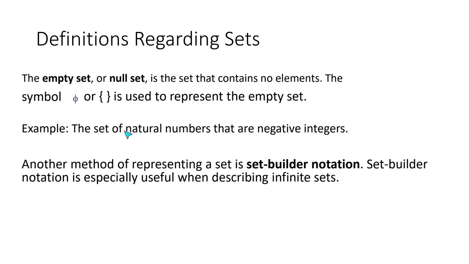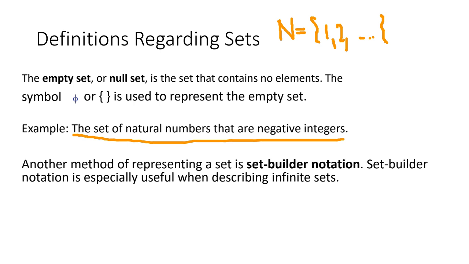For example, the set of natural numbers that are negative integers. Remember, the natural numbers start with 1, so it's 1, 2, and so on. If we wanted to write this in roster form, it says the set of natural numbers that are negative integers.